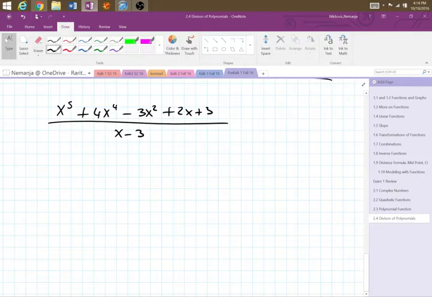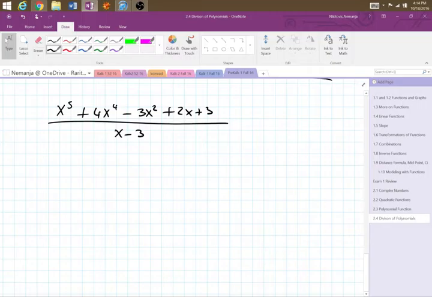All right, so a lot of you, which is awesome, figured out that you have to have the placeholder between 4 and negative 3. There has to be a 0 entry in the row of numbers. So you put positive 3 in a little box, and then you go 1, 4, 0, negative 3, 2, 3.